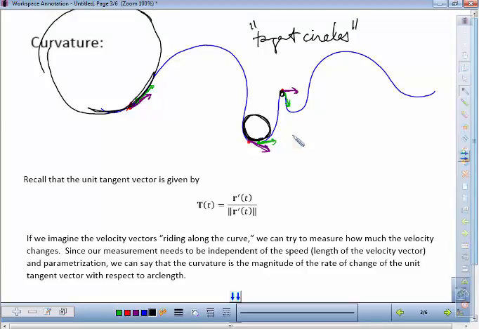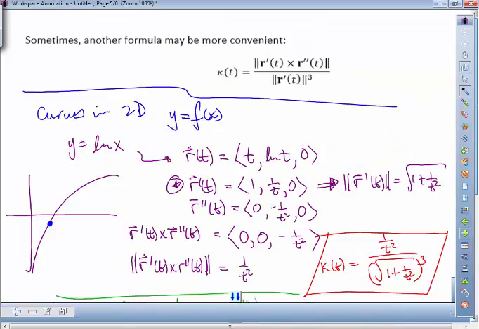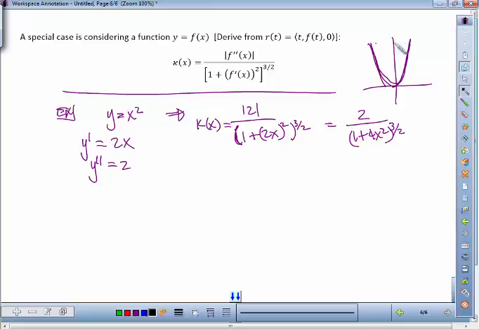curvatures. It turns out that if you were to find the radius of these tangent circles, the radius is going to be the reciprocal of the curvature. So we'll draw a tangent circle over here.